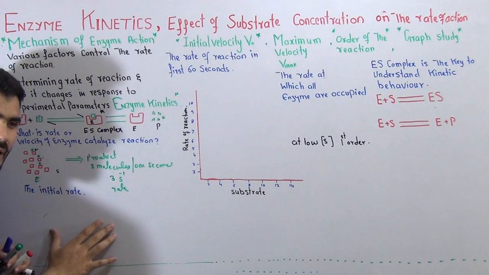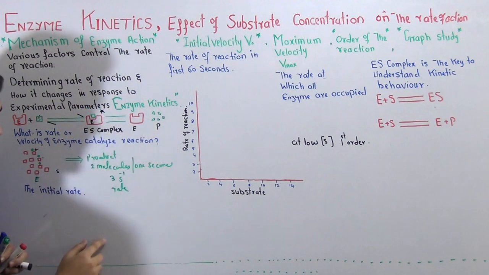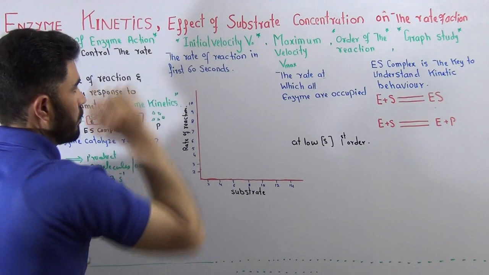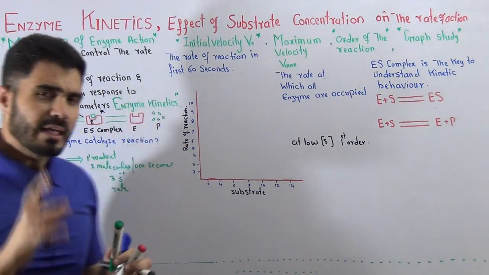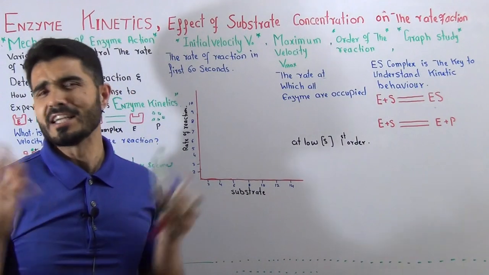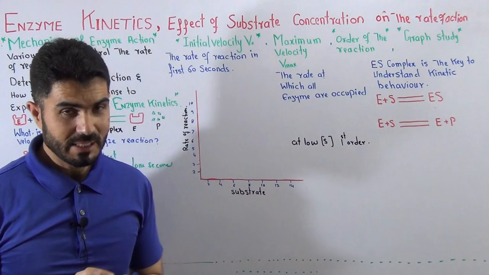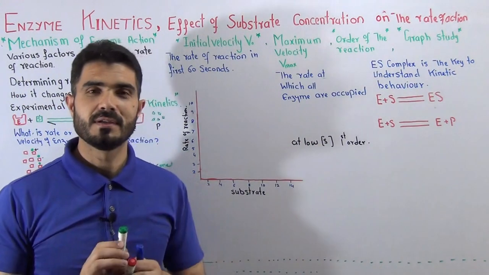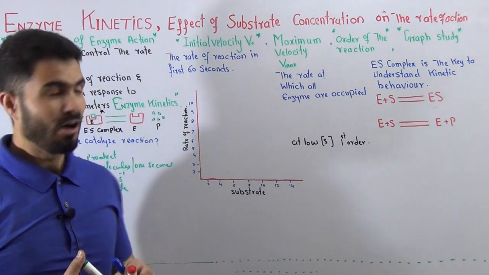Now, after we got the rate of reaction and enzyme kinetics, we will come to discuss the initial velocity or the initial rate. The word initial velocity we have heard in physics. Initial velocity, final velocity. But this time the scenario is quite different. Here you will not use final velocity or initial velocity in that sense.